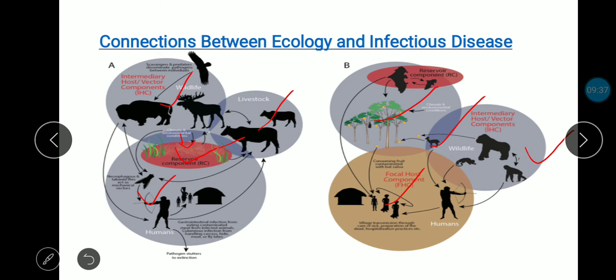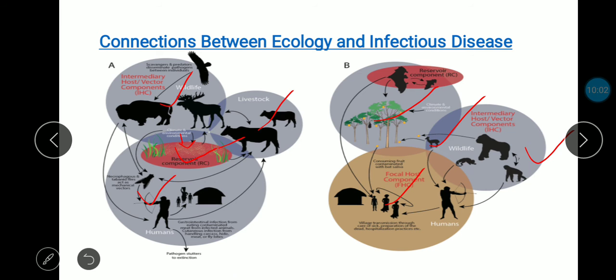Again, the human being carries pathogens, and through treatment and the hospitalization of infected humans, it again enters the ecosystem via household water, via many ways, right from air up to the soil.